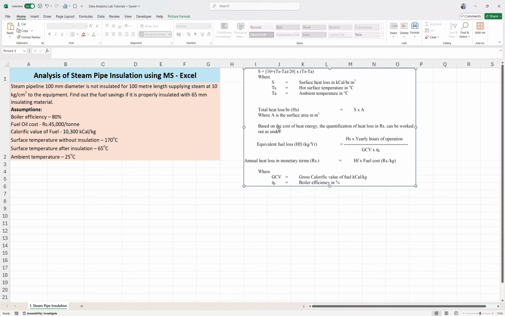Then we will calculate total heat loss per hour by multiplying surface heat loss with area. Then we will calculate equivalent fuel loss. Then how much money is getting lost due to this insulation being absent on the steam pipe, that we will calculate. But first and foremost the question is, why use Excel?